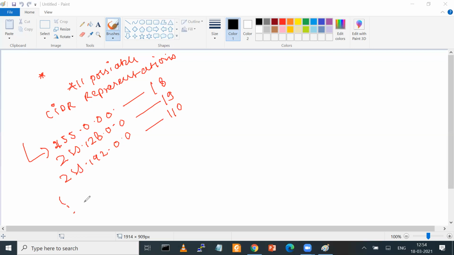You never see /14 for class B. For class C, mostly we use 24 or above, but yes, you can use lower values also. In general, we always get what I am telling here.